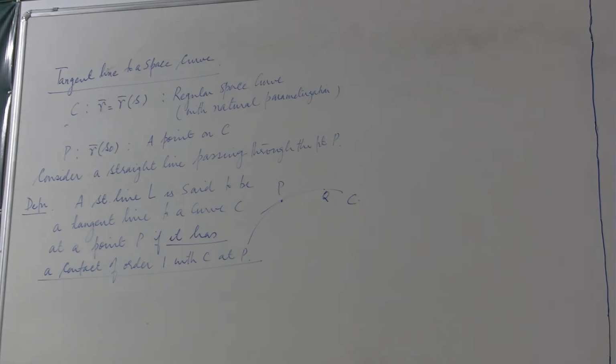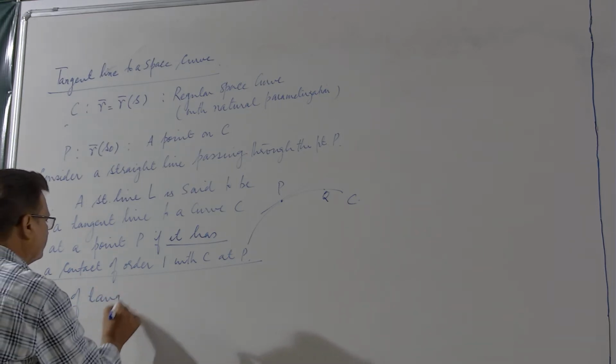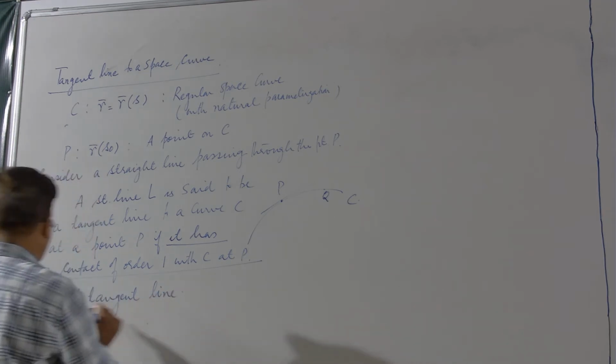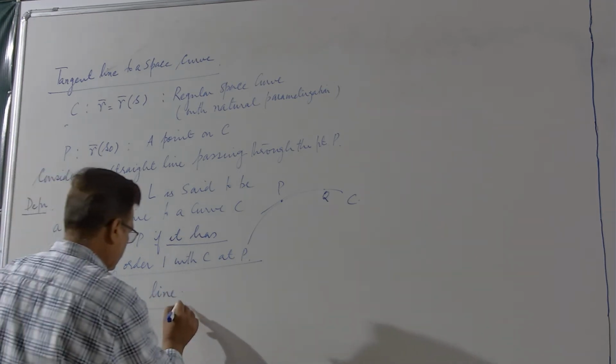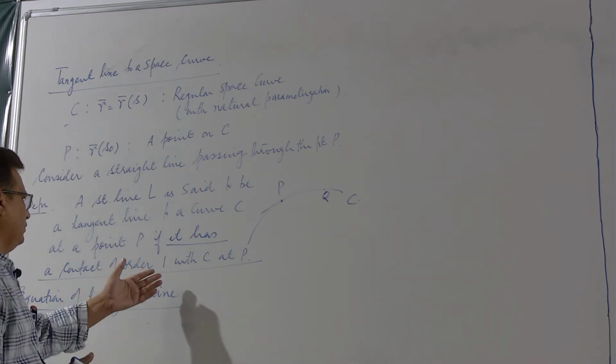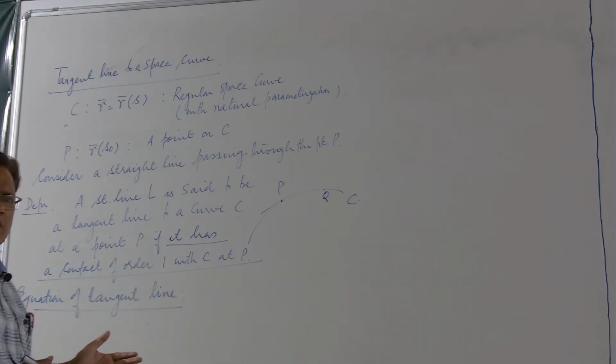All right. Now, we will work out the equation of the tangent line. You can interpret in terms of the contact, what do we mean by saying that it should have a contact of order 1?